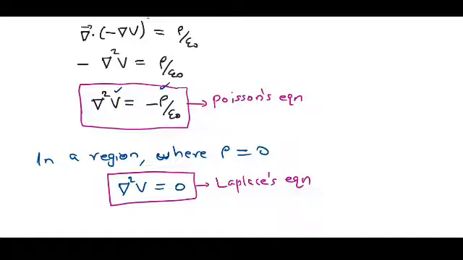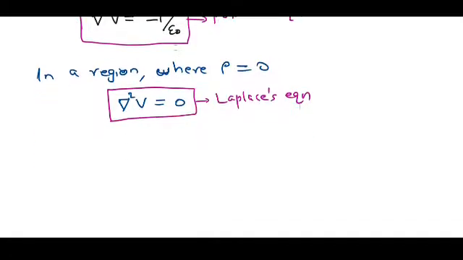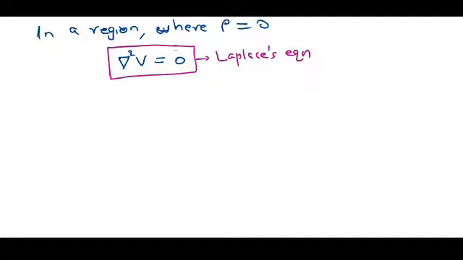Now let us go to the next topic, that is, the potential due to a localized charge distribution. We know that the electric potential due to a point charge is 1 by 4 pi epsilon 0 q by r.